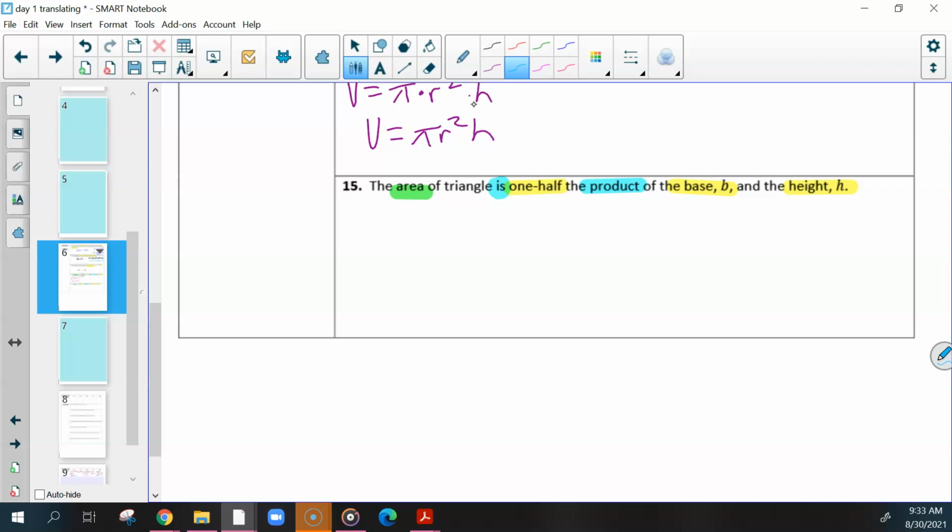Here we didn't have to define any variables because we already defined them. Aubrey? So I have A equals one half b h. Some of you put BH in parentheses, that's fine.